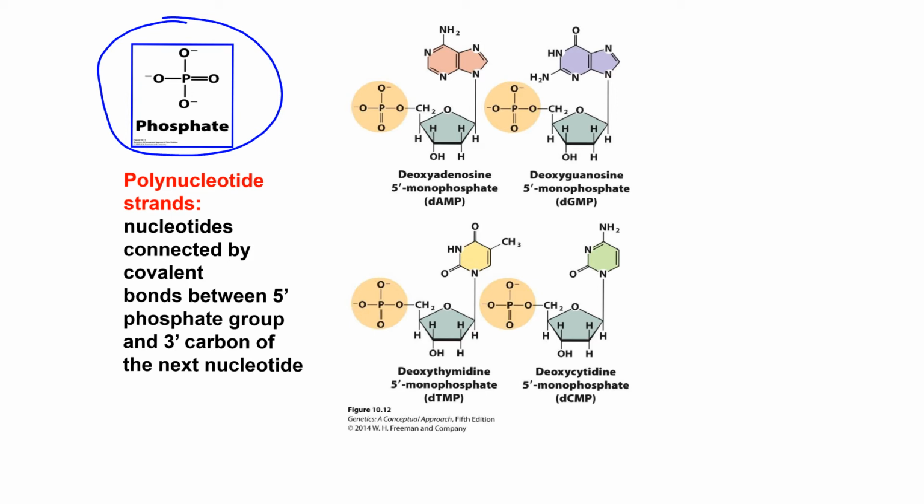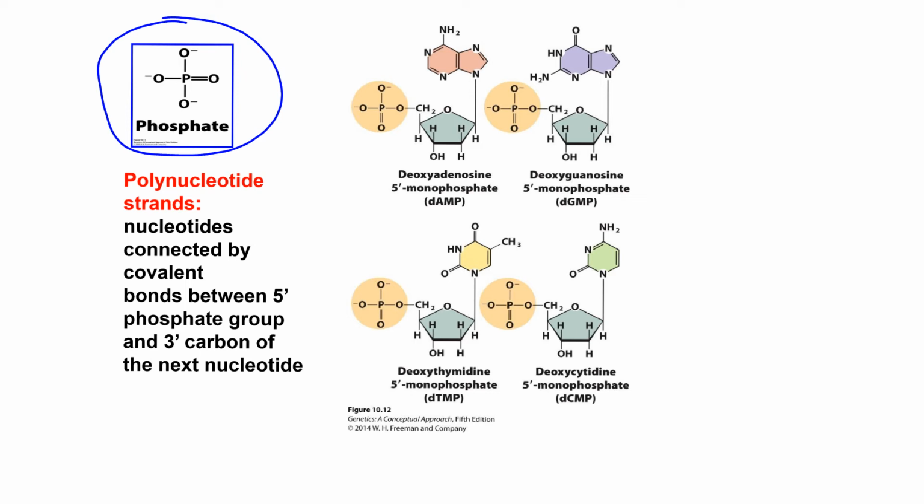The proper name in DNA would be deoxyribonucleoside 5' monophosphate. So, if you look at the composition, phosphate is always attached to the 5' carbon, and the base is always attached to the 1' carbon of the sugar, of the pentose.